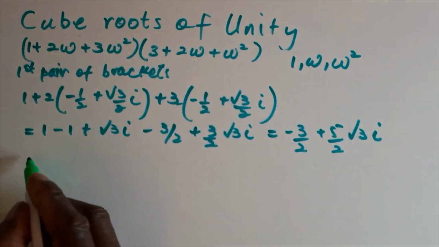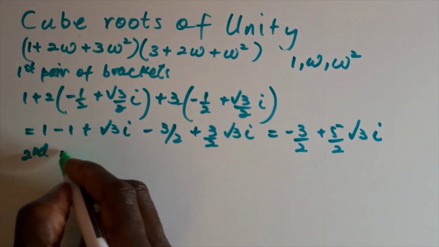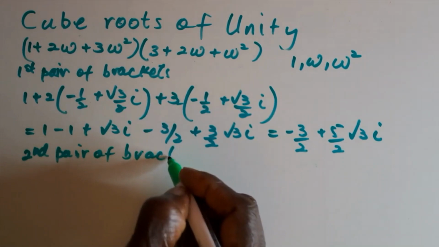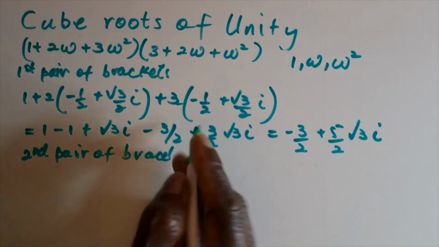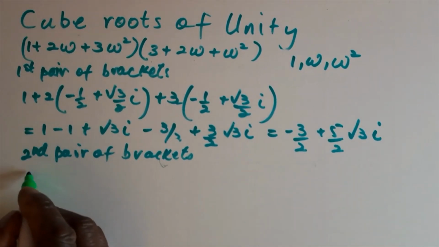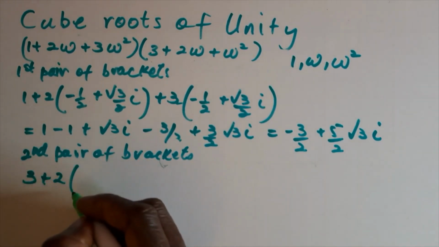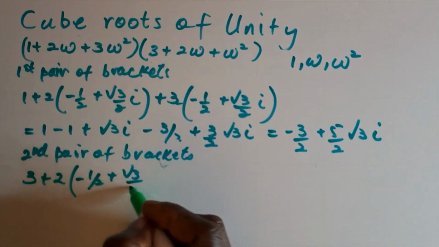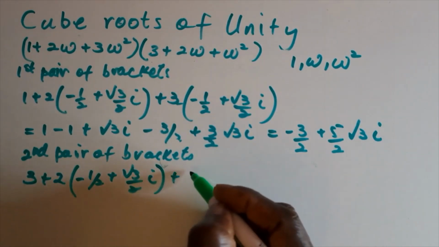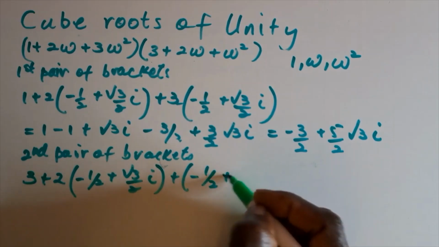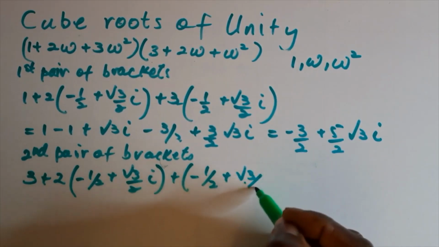Now if we look at the second set of brackets, second pair of brackets, we have 3 add 2 omega, which is again minus a half, add root 3 over 2i, added to omega squared, which we know already, minus a half, add root 3 over 2i.